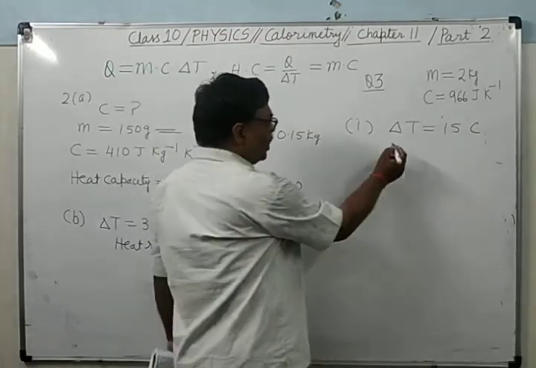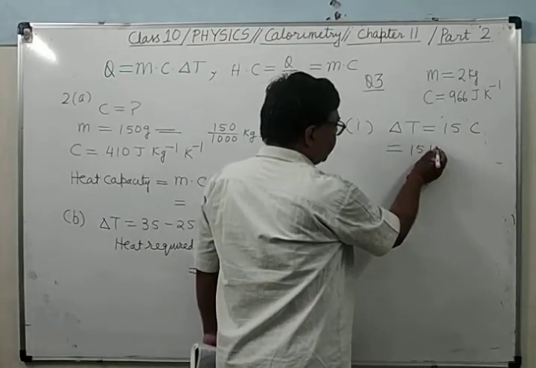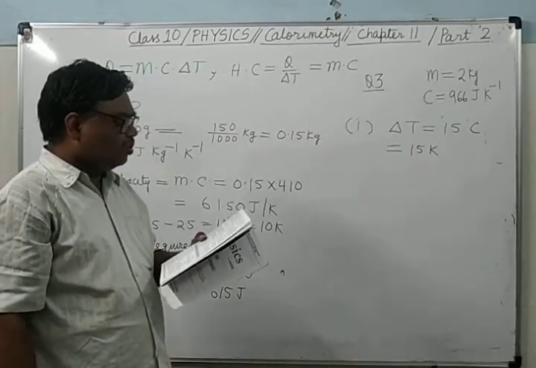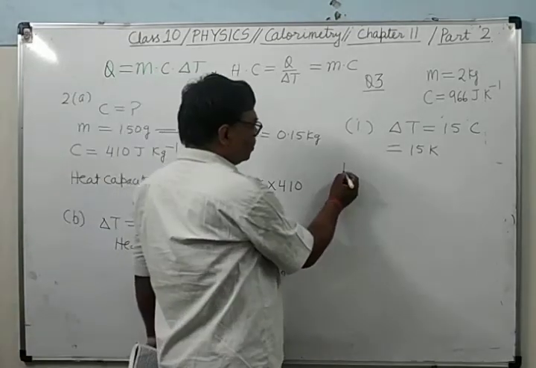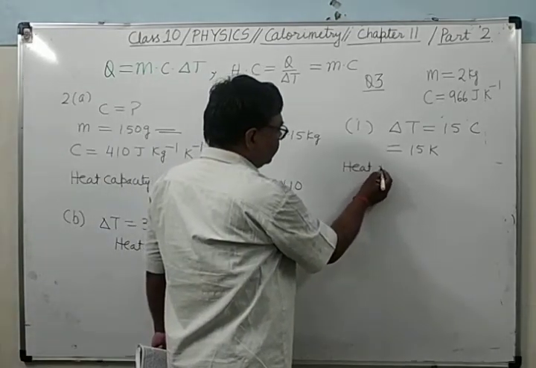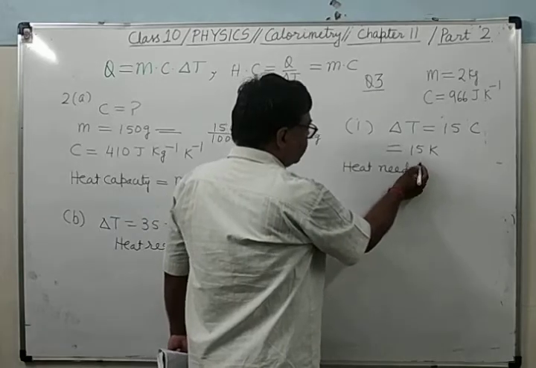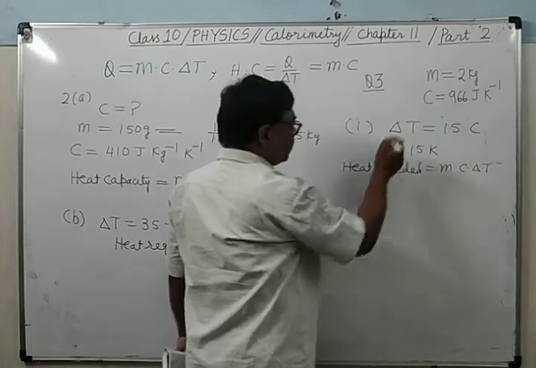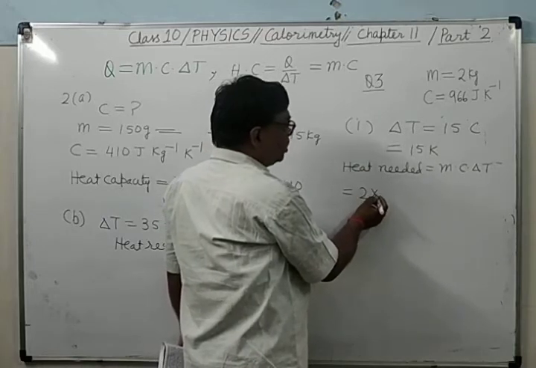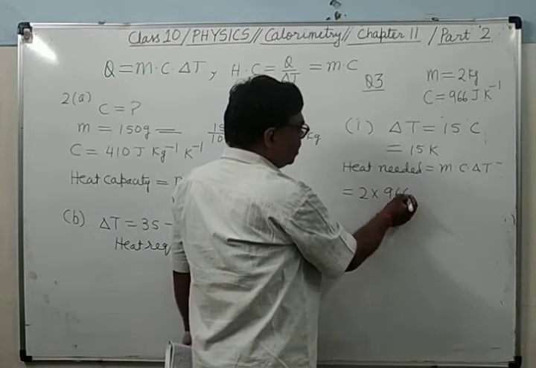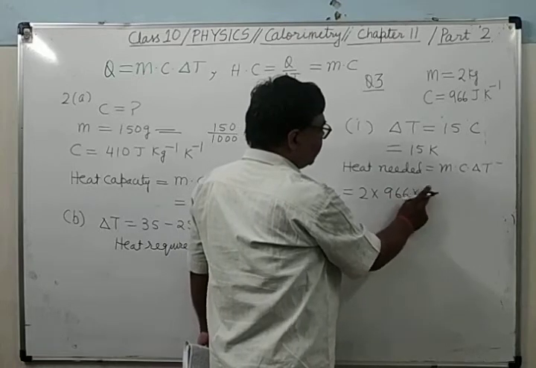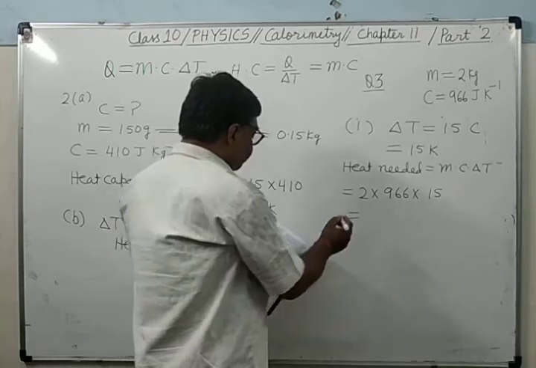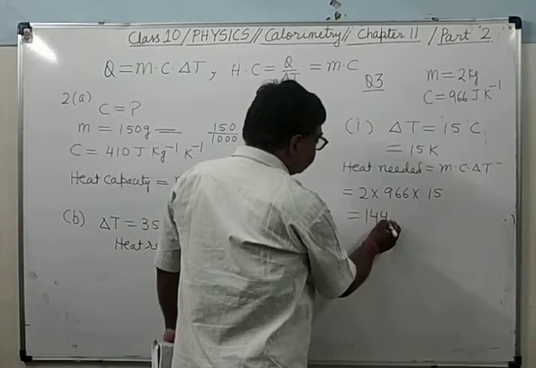So what will be in Kelvin? It will be equal to 15 Kelvin because here temperature has been taken in Kelvin. So what is the heat needed? Once again the same thing, heat needed equals M into C into delta T. Everything is given. M is 2, C is 966, delta T is 15. It's clear? So it will be equal to 14490 joule.